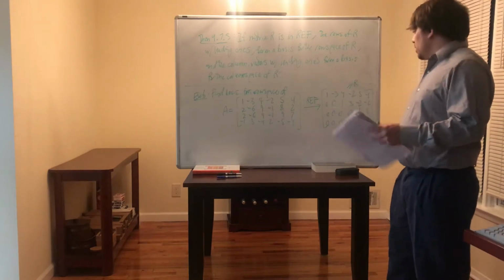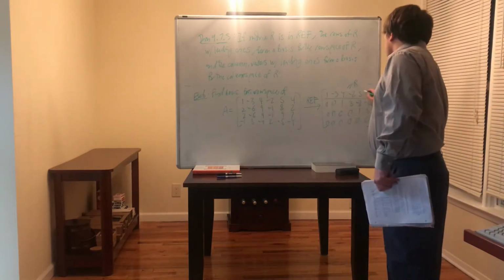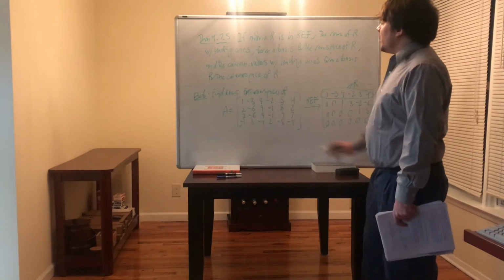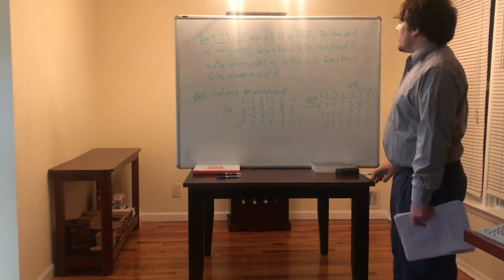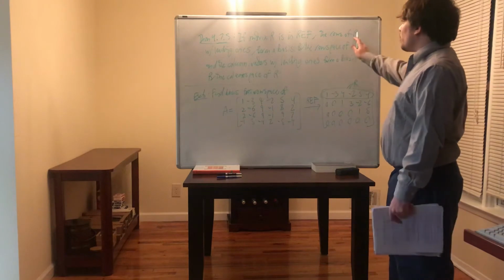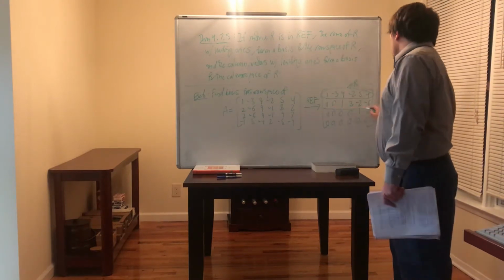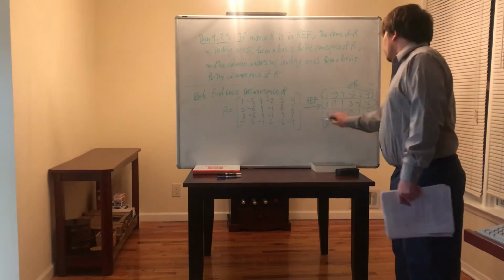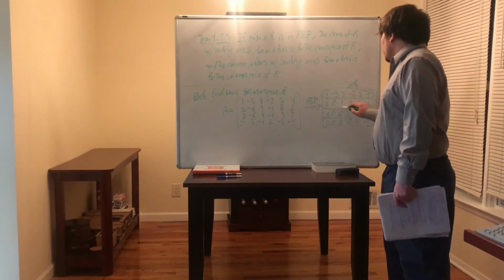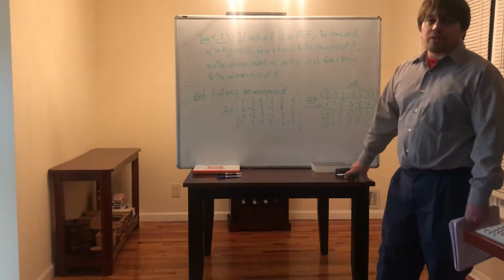Okay? So now, in Theorem 4.7.5, it says, if a matrix R is in row echelon form, the rows of R with leading ones form a basis for the row space of R. So the first three rows are rows with leading ones, right? This is a leading one, that's a leading one, and that's a leading one. There's three leading ones.